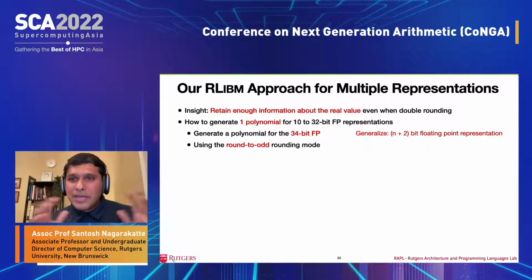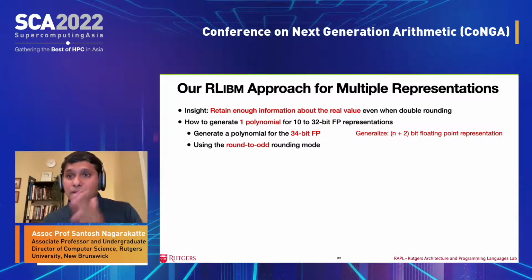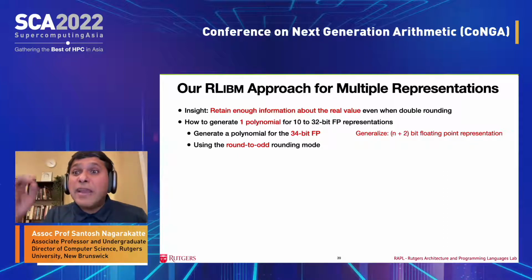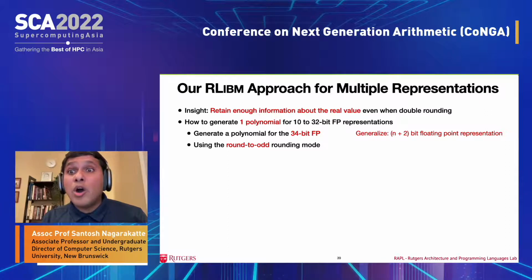Let me tell you the high level sketch. If you want to create a correctly rounded library for a representation with n bits or lower, with any rounding mode recommended by the standard, like in this case IEEE 754, 5 rounding modes, then create a correctly rounded math library for an n+2 bit representation with the round to odd mode.